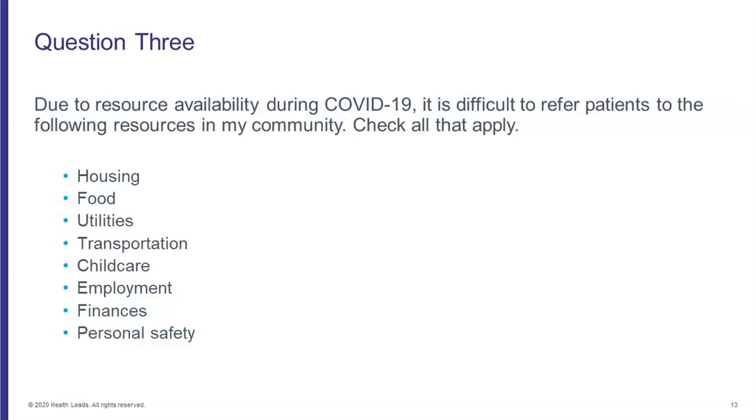Just thinking within your communities, within your clinics, how have you seen reactions to that? Please chat in any responses, any adaptations. Would love to know any solutions that you have for referring patients to resources when there is low availability.